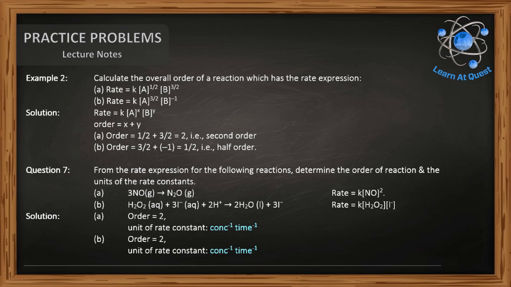We know that the order of a chemical reaction is the sum of the exponents of the concentration terms. Here, the exponents are 1 and 1. Hence, the order will be the addition of these two, which is 1 plus 1, that is equal to 2. Hence, it's a second order reaction. Again, we can find the unit of rate constant by performing dimensional analysis, and here also the unit of the rate constant is concentration inverse multiplied by time inverse.